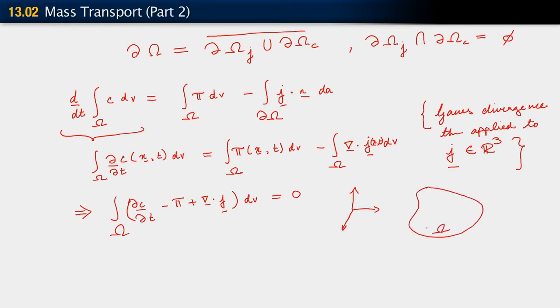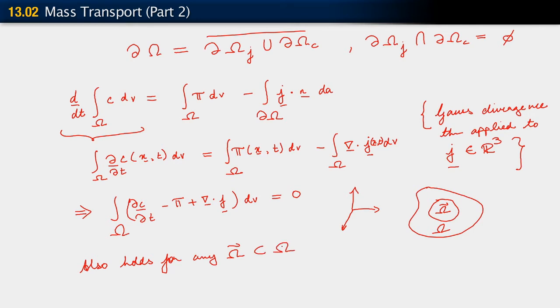It's true that we developed these arguments for omega, but as we've done before, we can equally do this for any subset omega tilde. And so we can say this also holds for any omega tilde subset of omega. This is our localization argument.